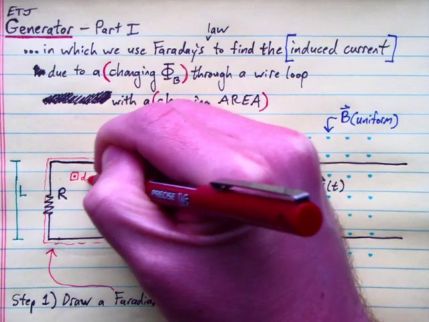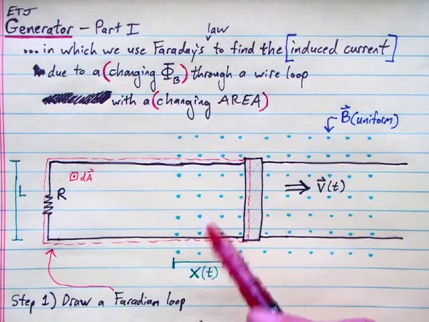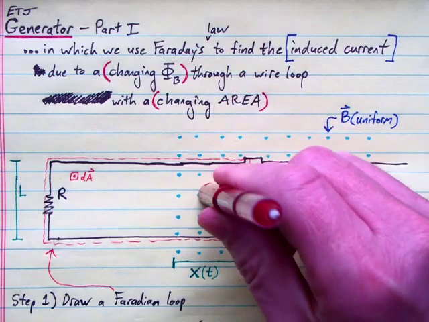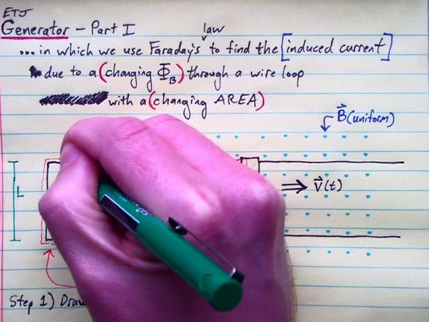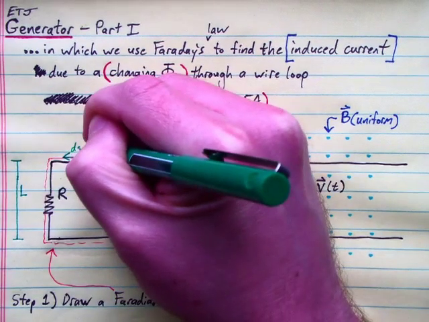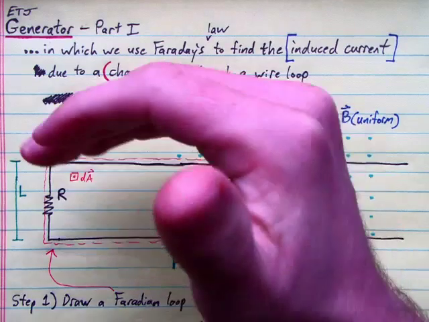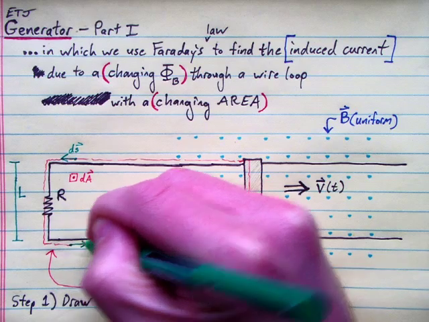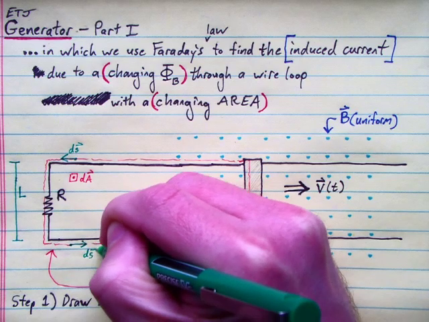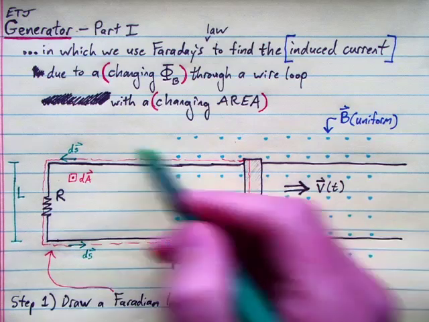Let's have our dAs pointing out of the page, so they're parallel to our B field pointing out of the page. Get that to agree with our ds vectors, which will go counterclockwise. So dA and ds agree by the right-hand rule. So counterclockwise will be our positive direction around this Faradian loop.